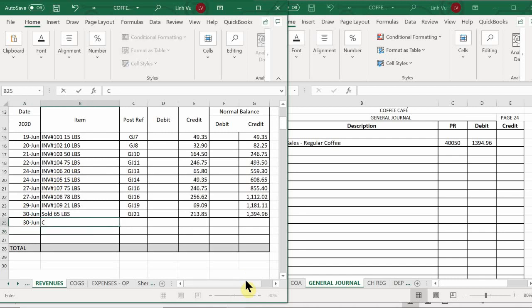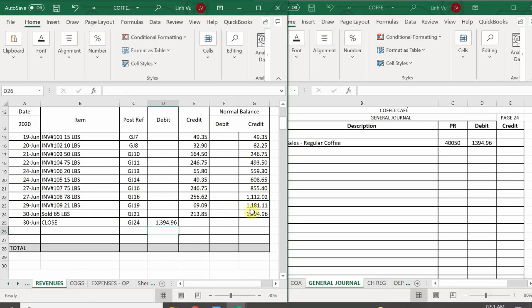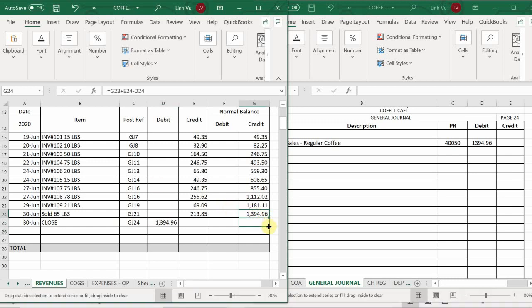I'm going to write closing, General Journal 24, and we're going to debit for the $13.94.96. That should give you a zero balance.